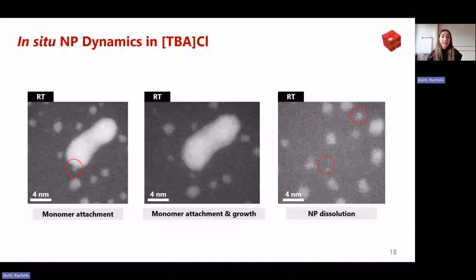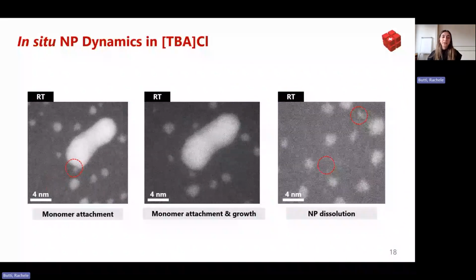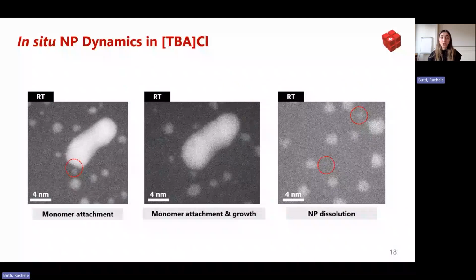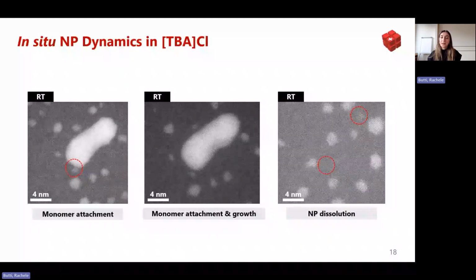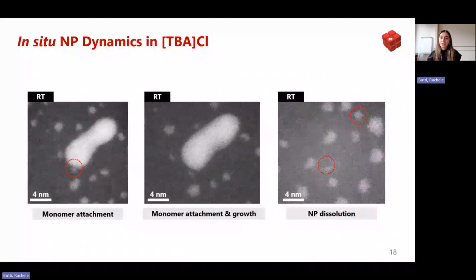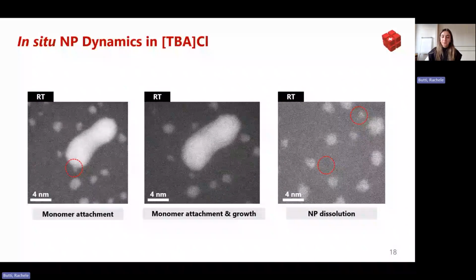Here we look at a monomer attachment of two particles in high proximity, as well as growth. And also in the last HAADF STEM time series, we have a nanoparticle dissolution, which cannot reach the critical radius size and therefore cannot survive under the electron beam.